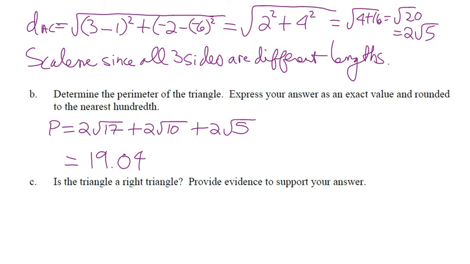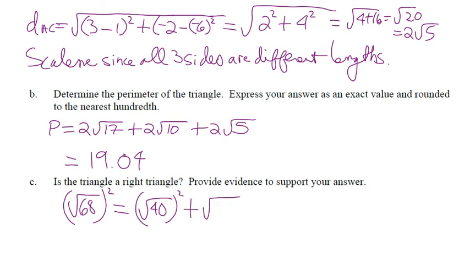So in this case, what's the biggest of all of these radicals? 2 root 17. But you know what? I'm going to call it root 68. Is root 68 squared equal to, what were the other 2 roots that I had? 40 and 20.